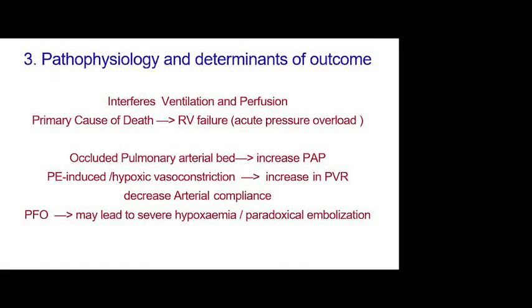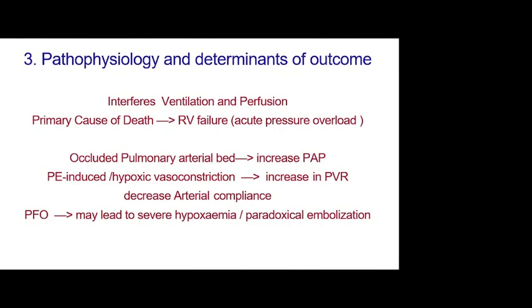When it comes to the pathophysiology of pulmonary embolism, the mechanical obstruction of the pulmonary arteries will lead to ventilation perfusion mismatch, and then to hypoxia. At the same time, there will be a mechanical obstruction to the right ventricle.